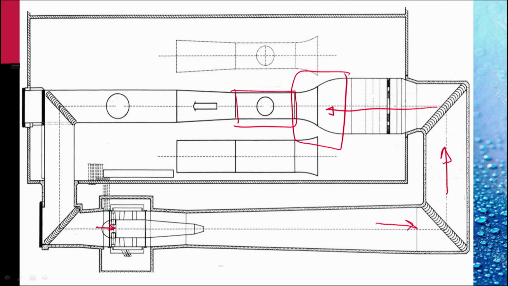The flow then slows down in the increasing section, and is recirculated. The recirculation is there essentially to save energy.